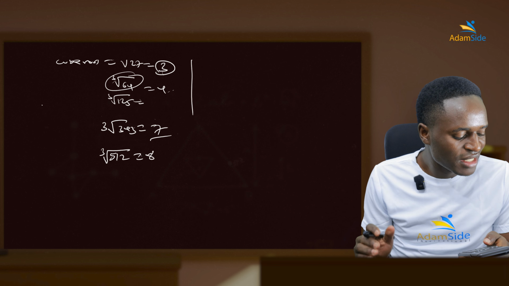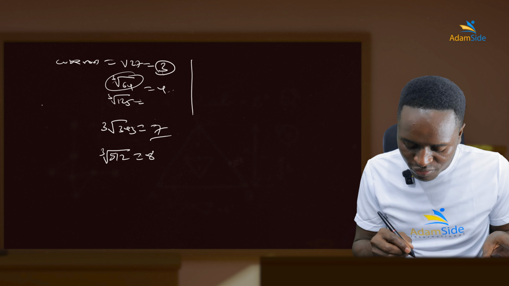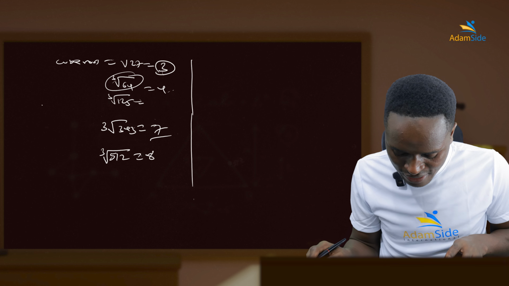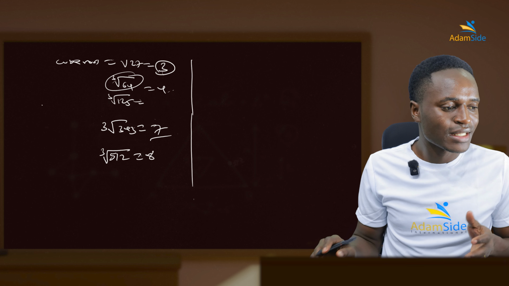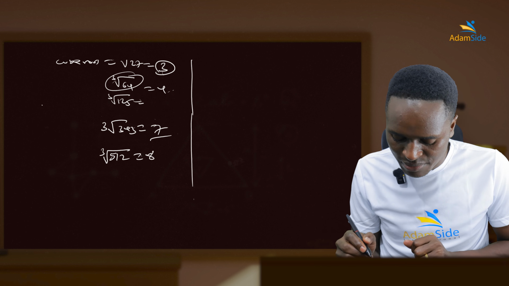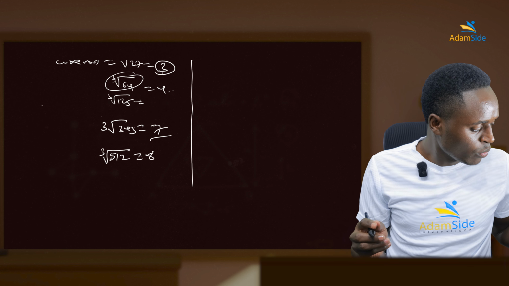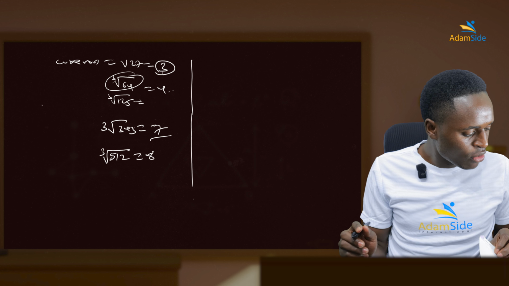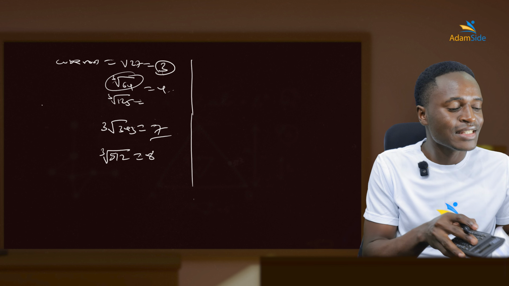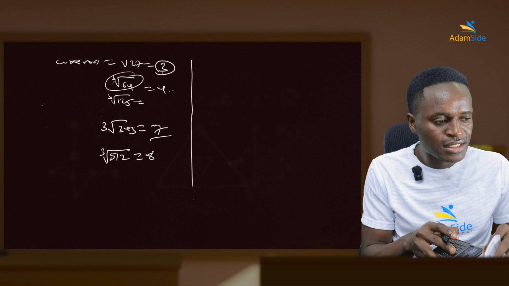Now, apart from finding the cube root of numbers, what else do we need to understand from this unit? What else can be examined? We need to understand how we can write integers. The negative numbers can also be examined.